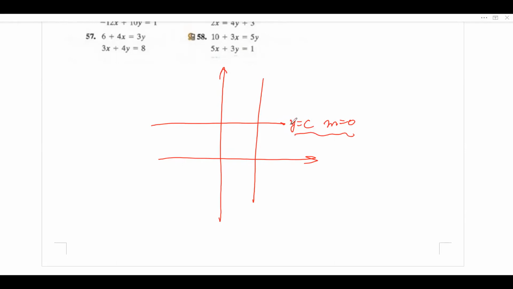Because it is horizontal. For this line, x equals a constant number, the slope is infinity. We say non-existent or infinity. Most of the time we say infinity, very big. When x increases 1 unit, y increases a lot. So we say the slope is infinity.